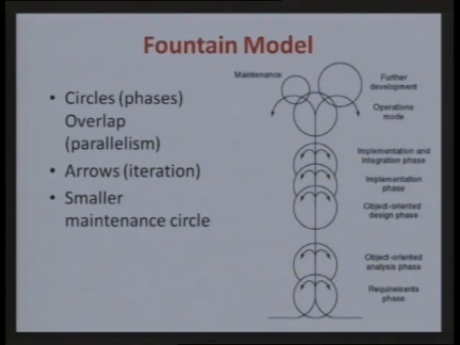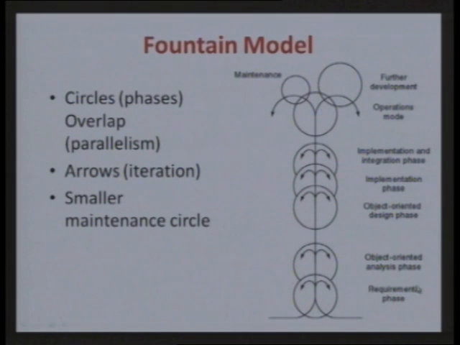We commence with our requirement specification, and in the case of requirement specification, we are moving out, and within this circle there is a movement, with the arrow on the left and the right side. We move on to the next, where there is overlapping. And what is that activity meant for?